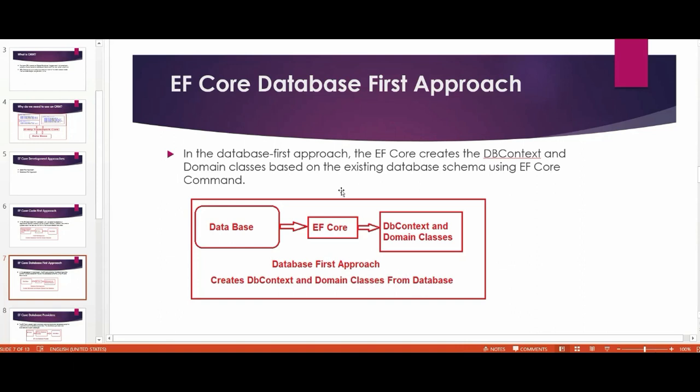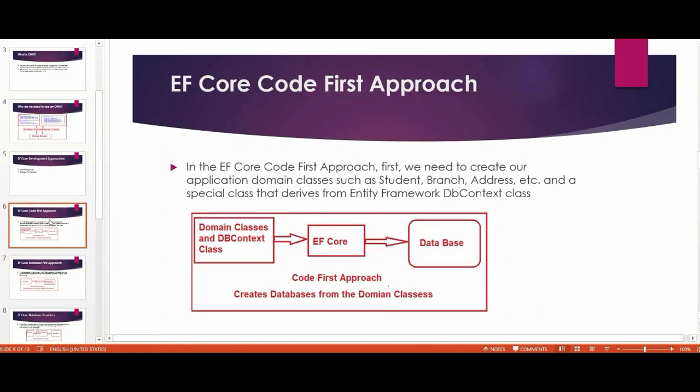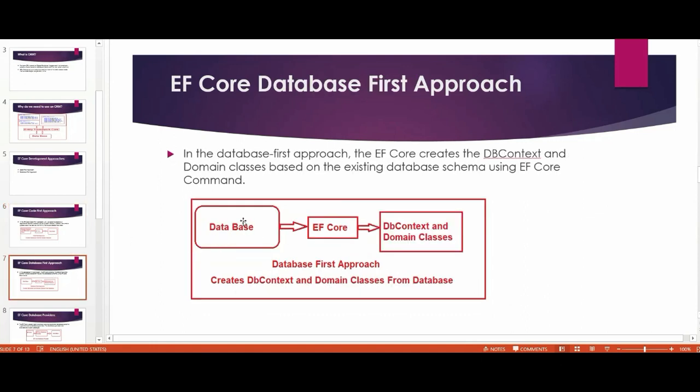The difference between these two: in our code first approach, we actually have the domain classes and the DB context class, so the EF Core API will map these and generate the database and the database tables. But for the database first approach, we have the database and the tables, then the EF Core API will translate these to the DB context and the domain classes. So that is the difference between these two.